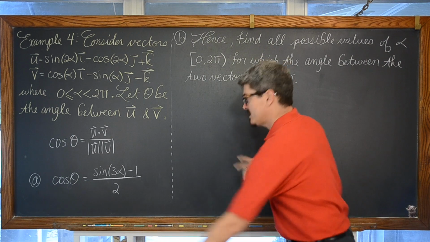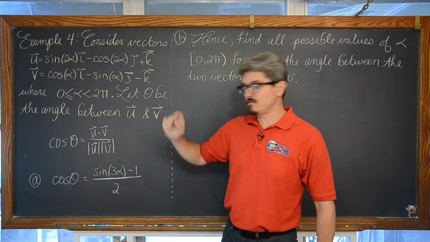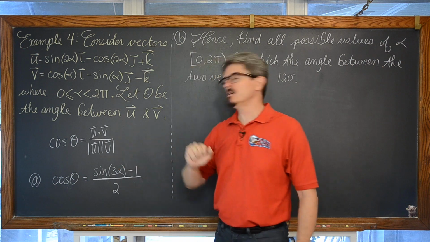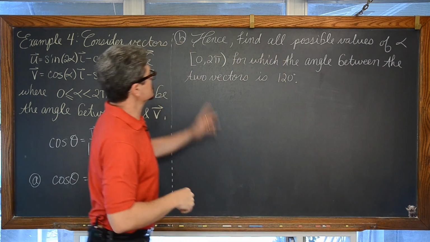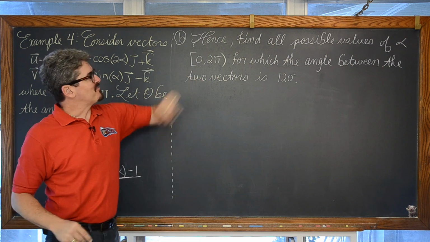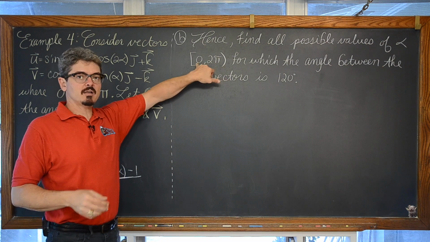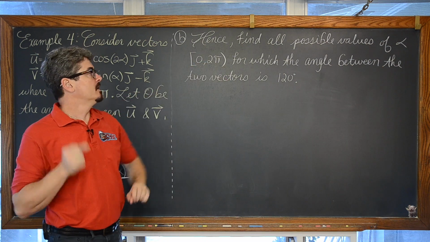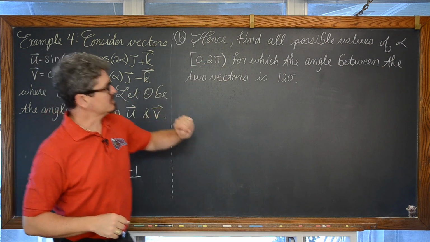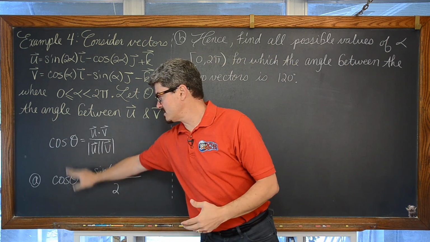So now that we just got done creating that equation that relates the angle of theta, the angle between the two vectors, to alpha, we are going to use that relationship to find, hence, use of previous information, find all possible values of alpha on the interval between 0 and 2 pi, including 0, not including 2 pi, for which the angle between the two vectors is equal to 120 degrees.